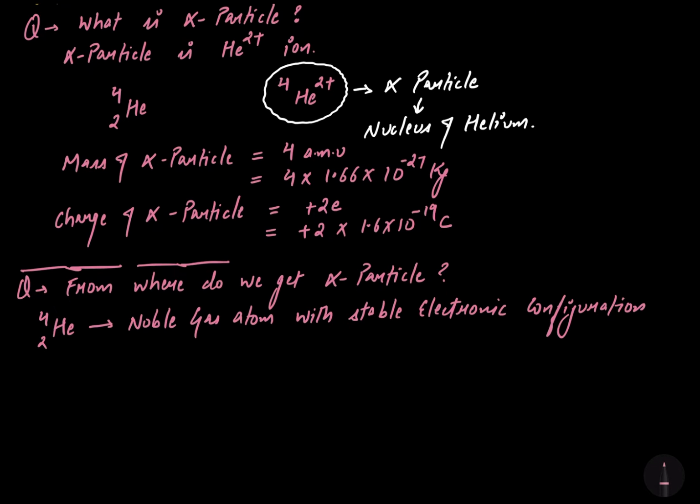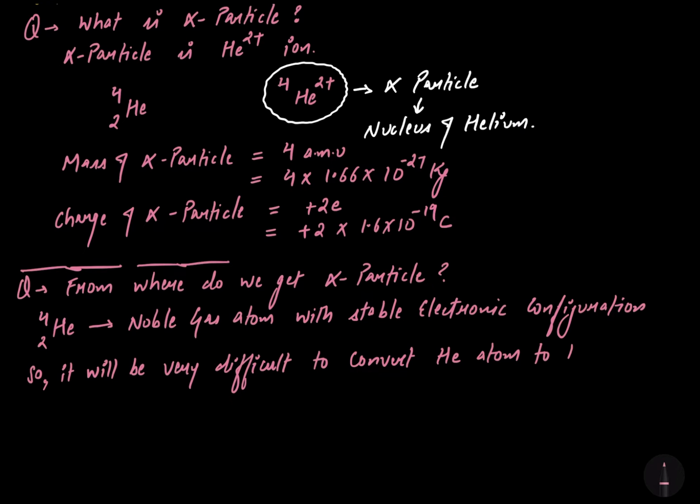So it will be very difficult to convert a helium atom to a helium dipositive ion, because a helium atom is a noble gas atom with a stable electronic configuration.